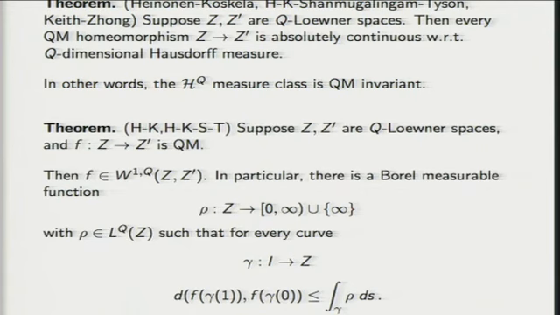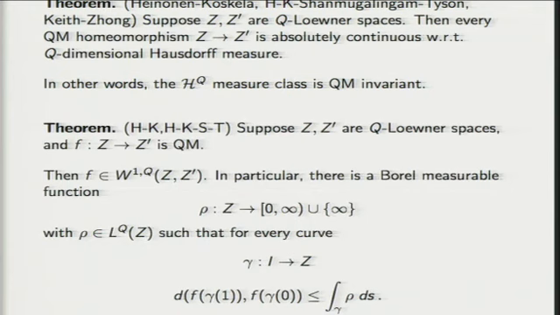You can find a Borel measurable function rho on the domain so that if you take a curve gamma in the domain, you look at where the map F sends the endpoints of the curve. Okay? Well, then you can control the distance between those two image points by the line integral of this function rho.